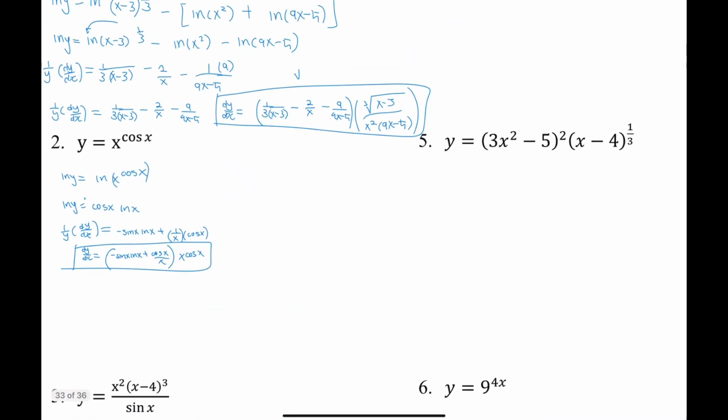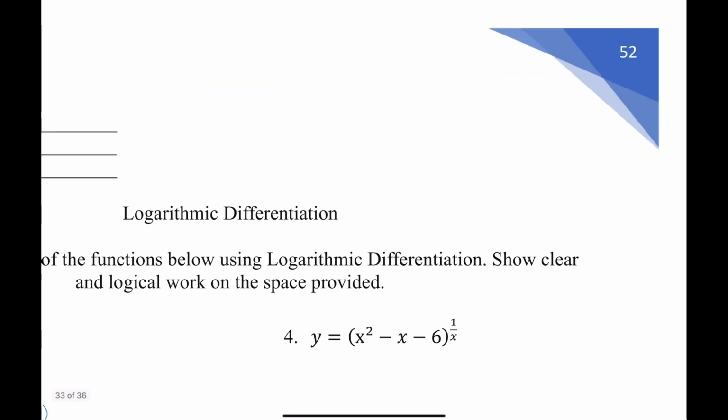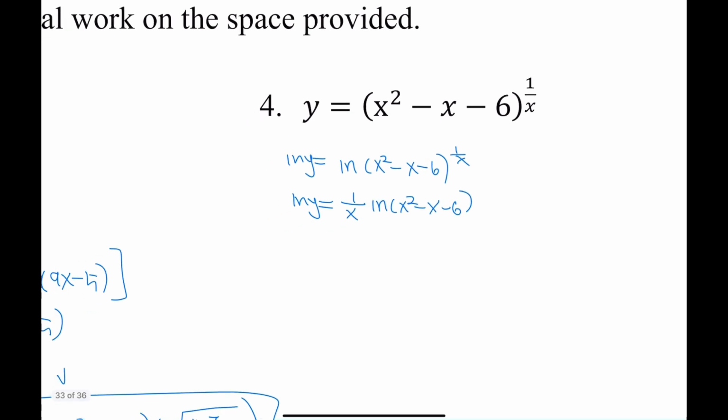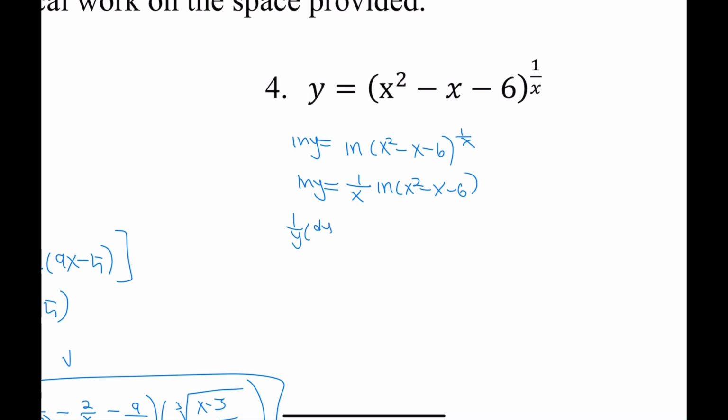And then number 4. ln y, again, equals ln of (x squared minus x minus 6) to the power of 1 over x. Okay, so that means that we have ln y equals 1 over x times ln (x squared minus x minus 6), right? Okay, so 1 over y dy over dx equals, let's use product rule here. This is basically x to the negative 1 power.